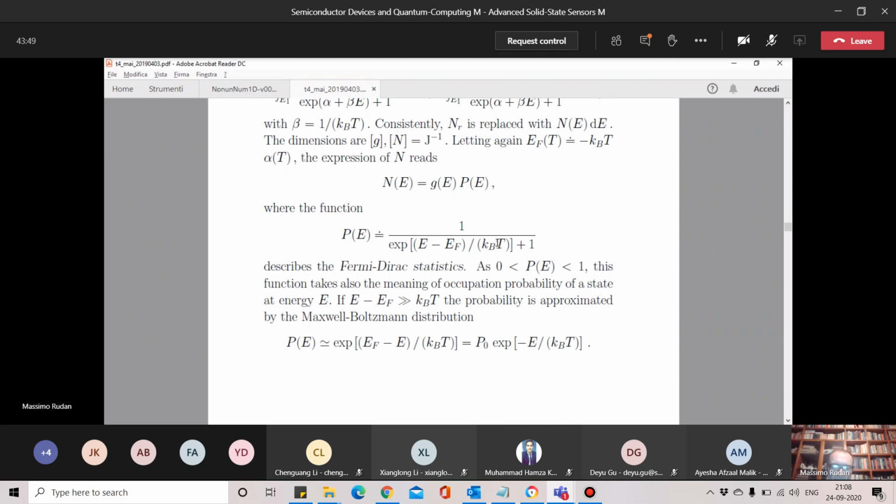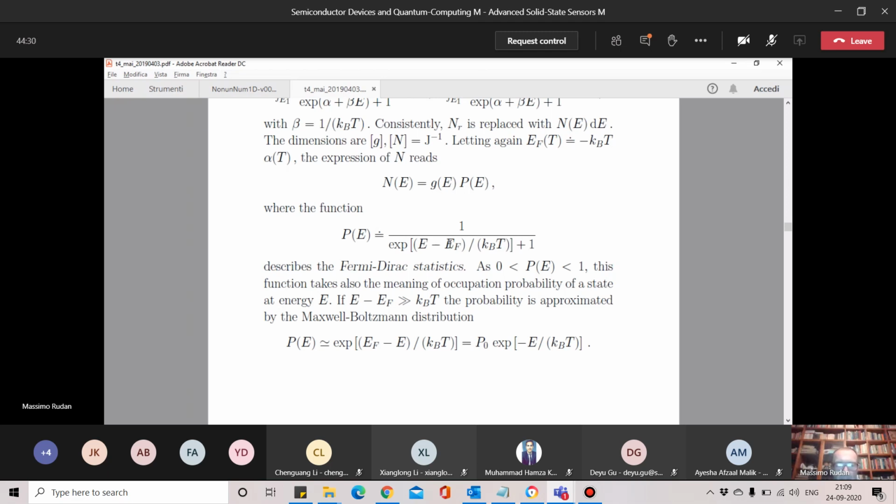So T is the absolute temperature calculated in Kelvin. E sub F is another parameter that is called the Fermi energy or Fermi level. It depends on temperature. It has a weak dependence on temperature, okay? But in many cases, we shall neglect this dependence on temperature.